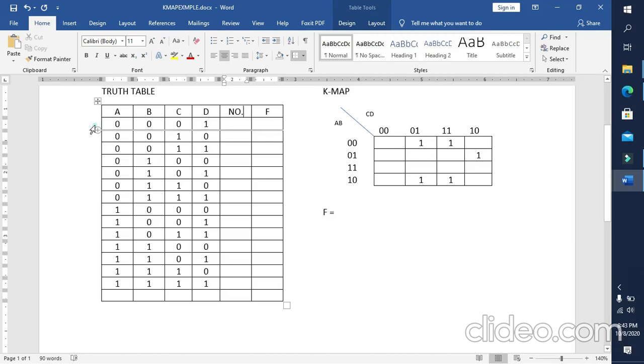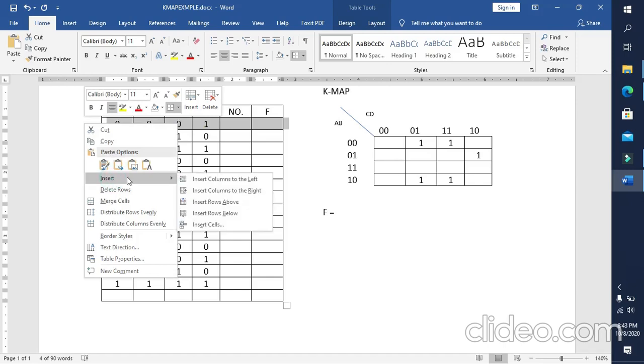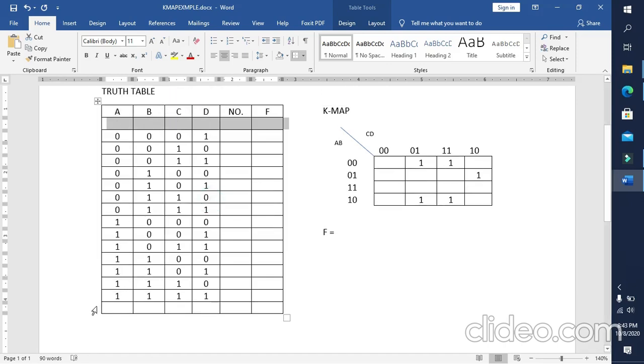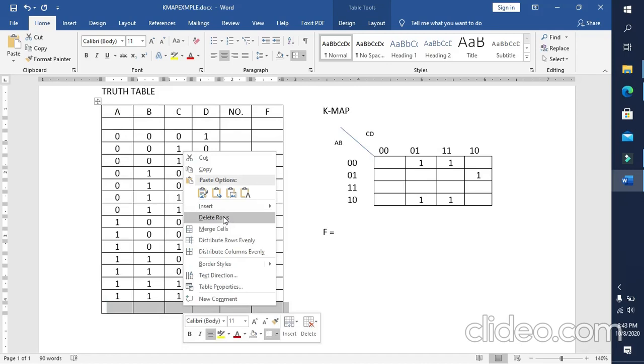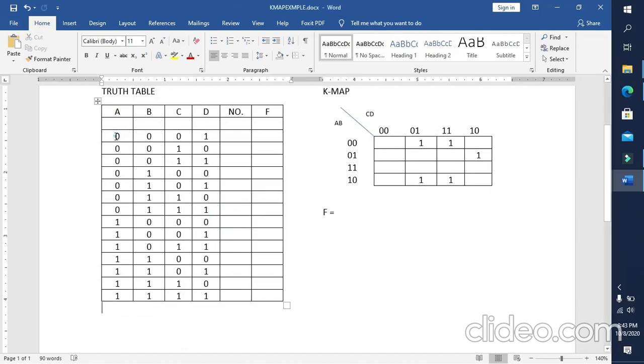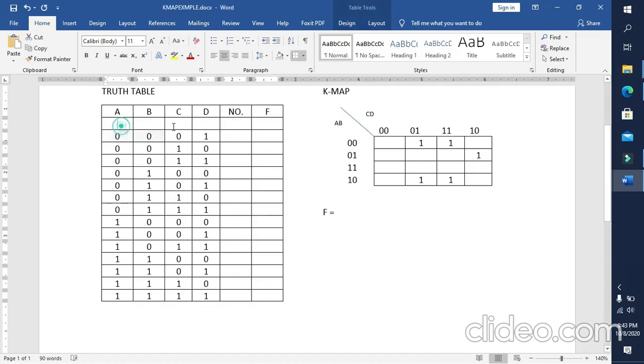Sorry, I forgot to put 0, 0. Kaya pala may sugat. Okay, so I have here now zeros.